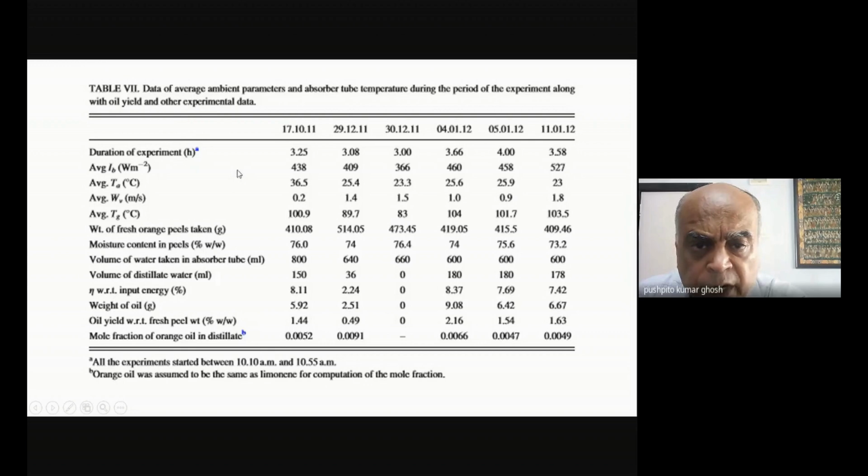This is the watt per meter squared. And maybe what happens sometimes is that your wind velocities can also vary, and that can also significantly affect your results. So I'm not going to go into the detail except to ask you what would be the typical kind of things that you will look for. What are the variables?